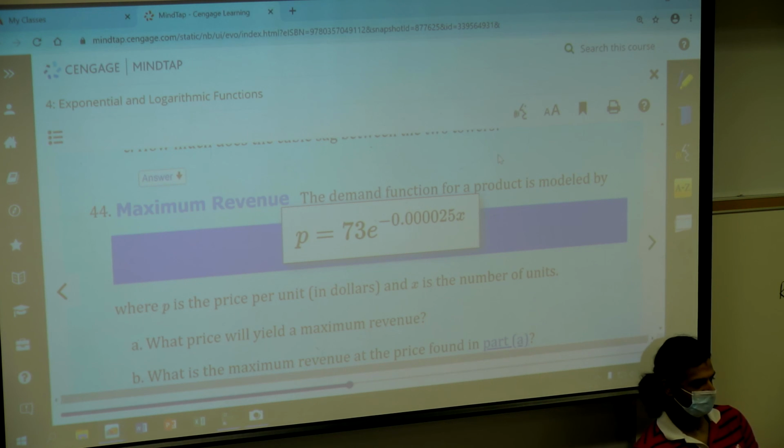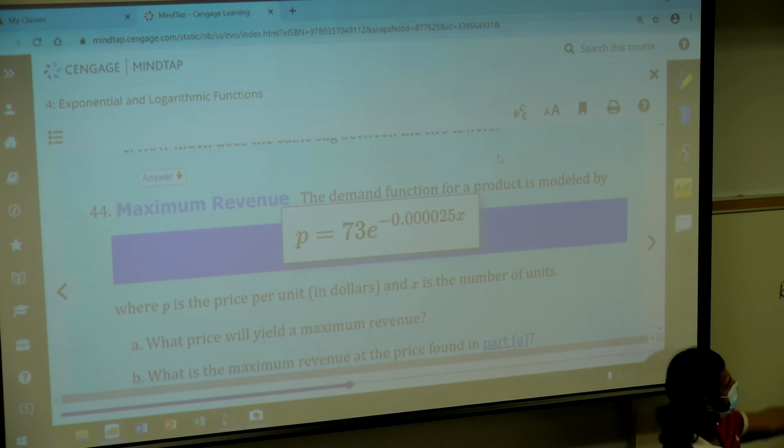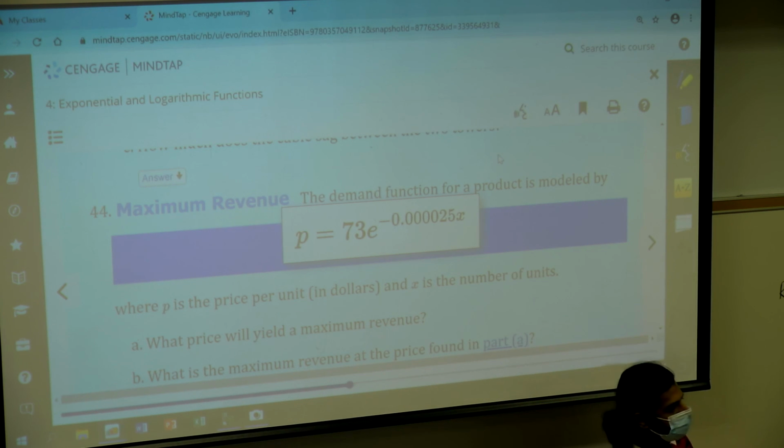And they want to know, well, what would that maximum revenue be if I set $26.48? 40,555. No, that's the number of units. So we would multiply the price by 40,555. So what is that maximum revenue?